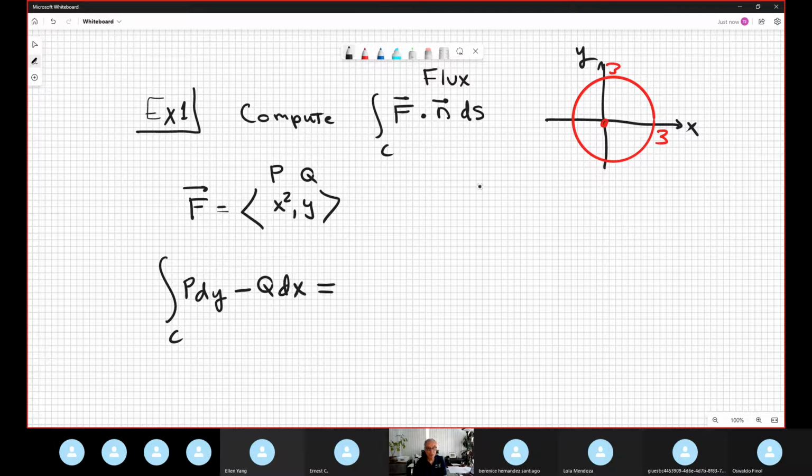And remember, the most important thing is that you finish any line integral problem by converting it into a single integral that we do in Calculus 1.